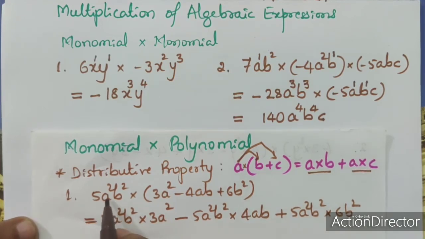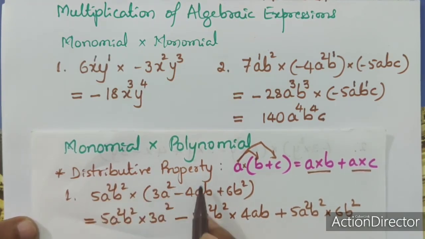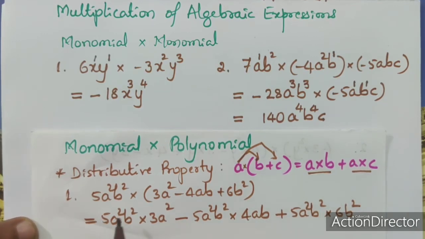If you observe, 5a square b square has the first multiplication, second multiplication, and then the third multiplication. So you got 3 monomial into monomial multiplications now. As you have seen in the first 2 examples, first sign into sign, both are positive, so here also positive. Then 5 3s are 15, a square, which means power 2 and 2, 2 plus 2, 4. Then here you have b square, and here there is no b term, so b square will remain as it is.